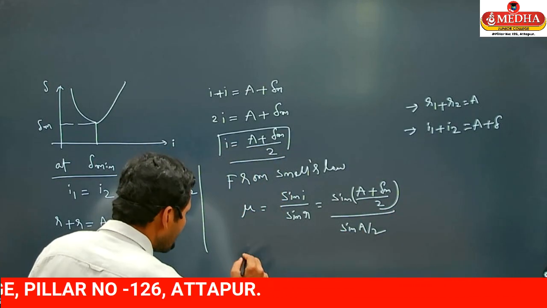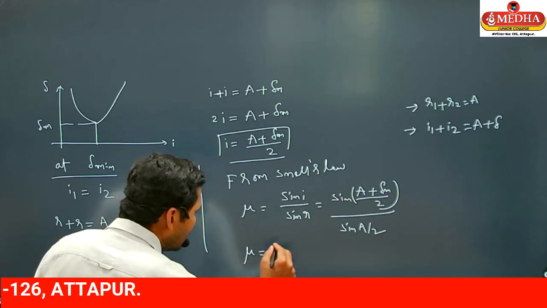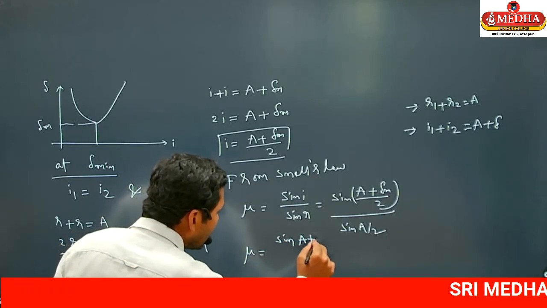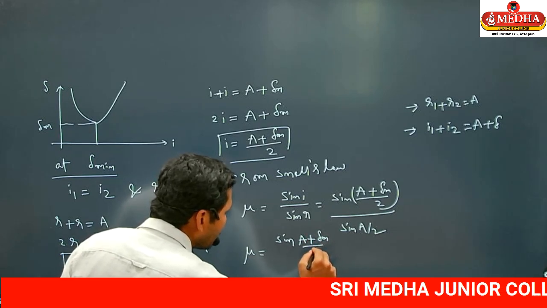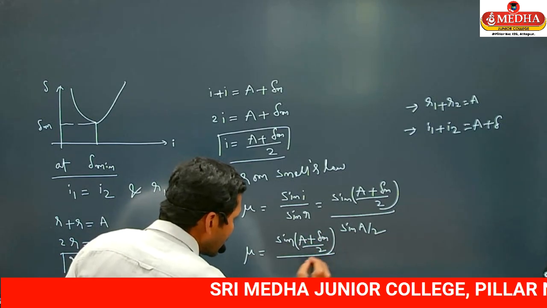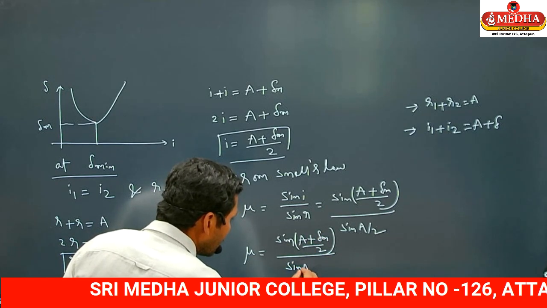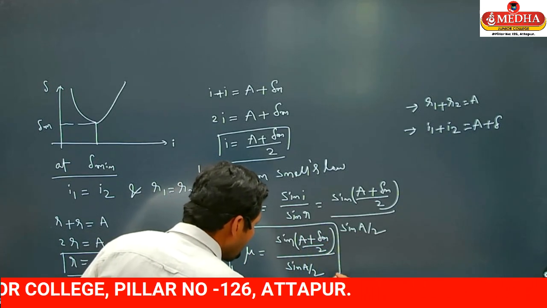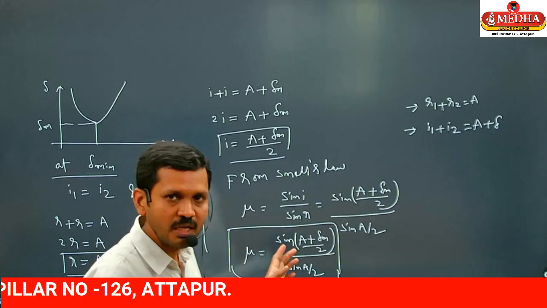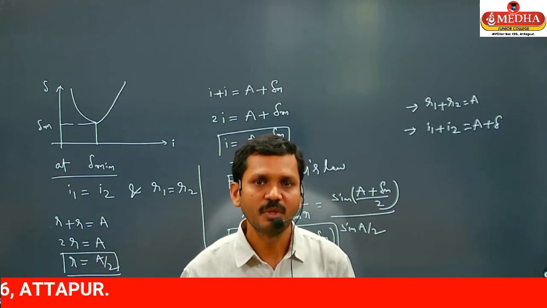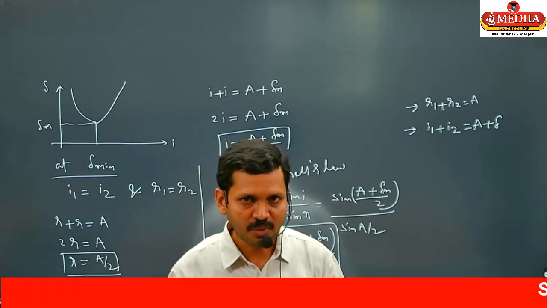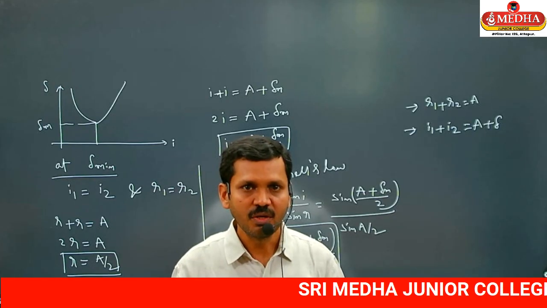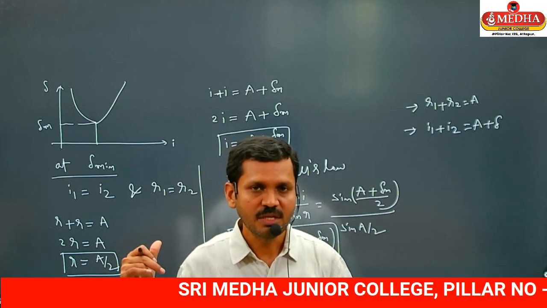This is the final equation. So finally the refractive index mu is equal to sin((A plus delta M)/2) divided by sin(A/2). Remember, A is the angle of prism and delta M is the angle of minimum deviation. This formula is very important, and in the next video I will explain the application of a prism.